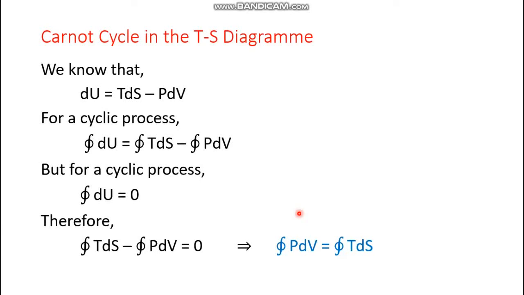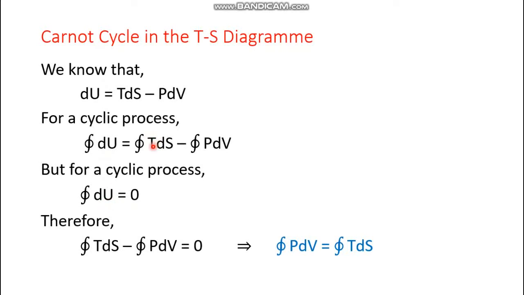So in the TS diagram we have to make an equation, and since this is a cyclic process, the first law of thermodynamics, the cyclic integration, can be applied to the Carnot cycle. We find that the cyclic integration of dU is equal to 0 because U is a state function.